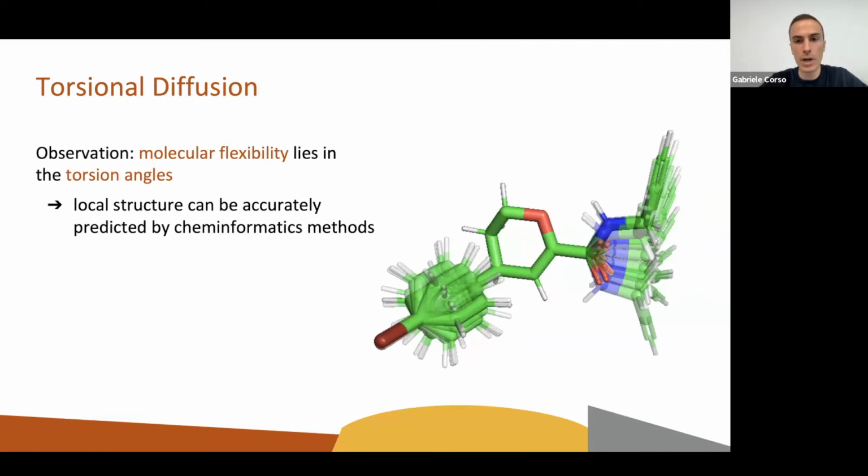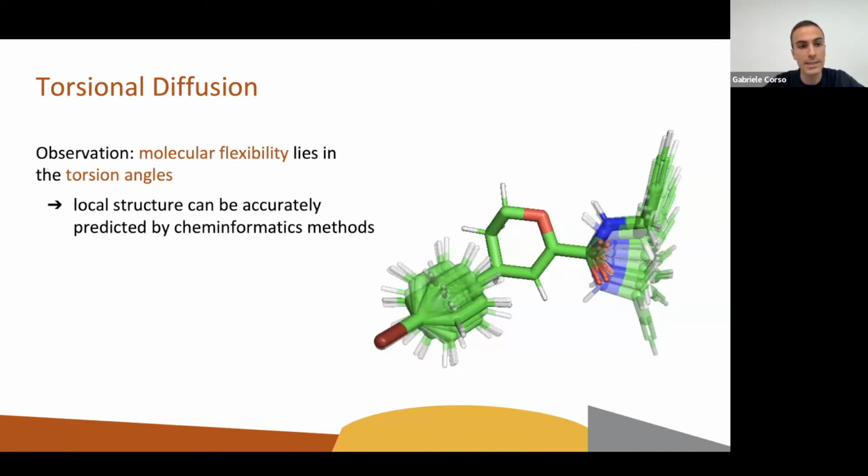Local structures, for example bond lengths and bond angles, can be predicted very accurately by cheminformatics methods, because if you study some chemistry, you typically know that a covalent bond typically has a specific length, and for every atom, the bonds tend to take particular angles. So these are relatively simple to predict by these cheminformatics methods.